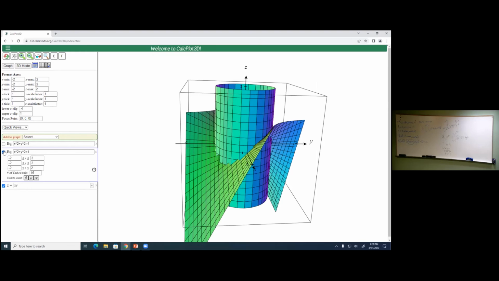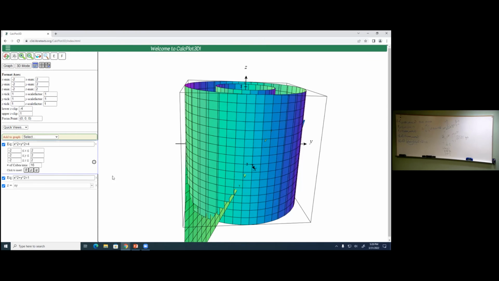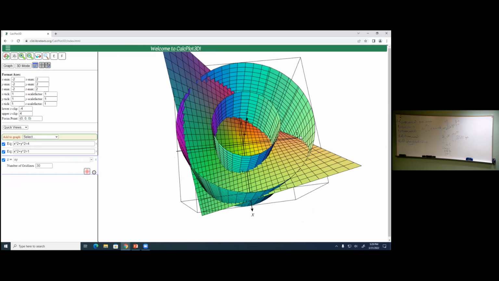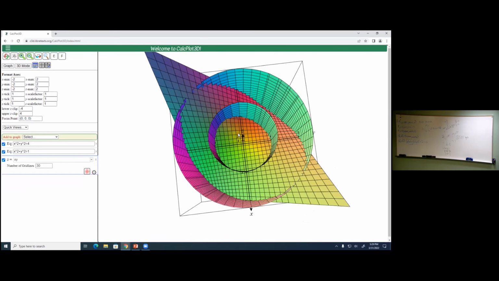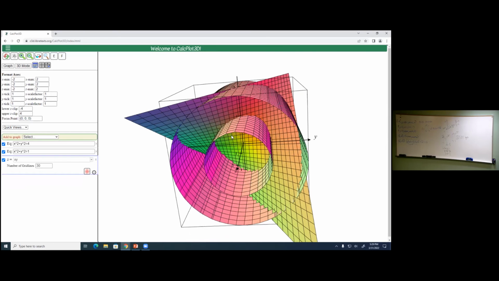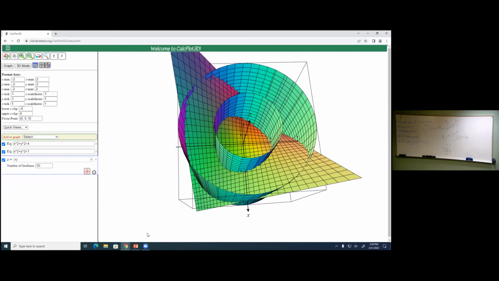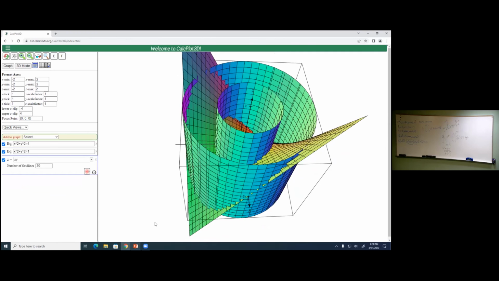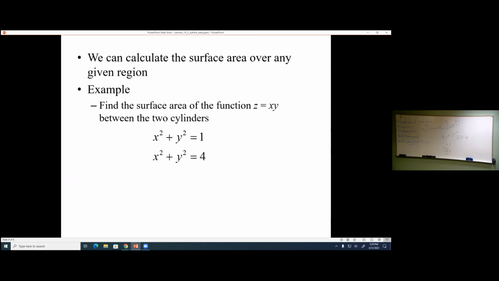There's the first cylinder, the smaller cylinder, and the bigger cylinder. So you can see that's the surface that we're trying to get between those two cylinders, right? Okay. So now we have a visual of what's going on. Before we even start this problem, is this going to be easier to do in rectangular or polar? Definitely polar, right?